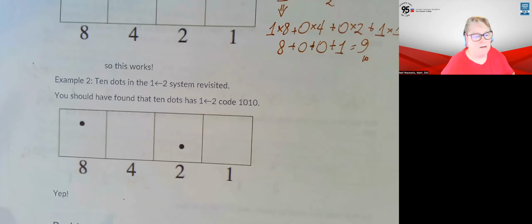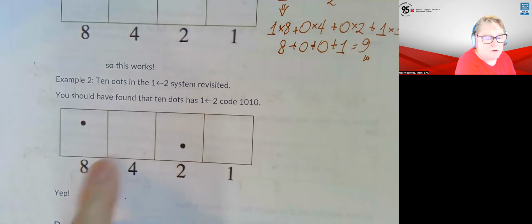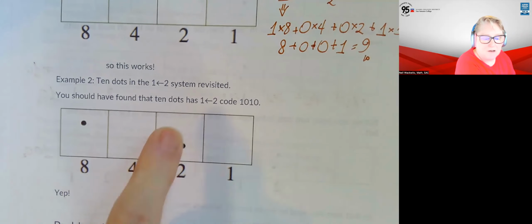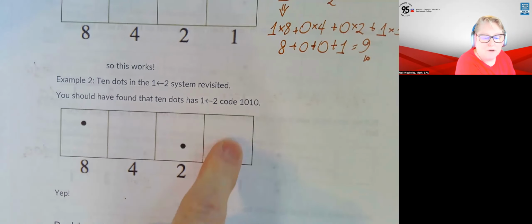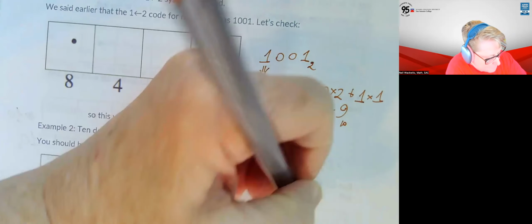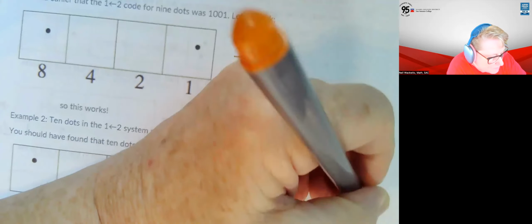So let's look at this one. If we have 1, 0, 1, 0, 1 dot in the 8's place, no dots in the 4's place, 1 dot in the 2's place, no dots in the 1's place, then that's 1 times 8 plus 0 times 4 plus 1 times 2 plus 0 times 1.